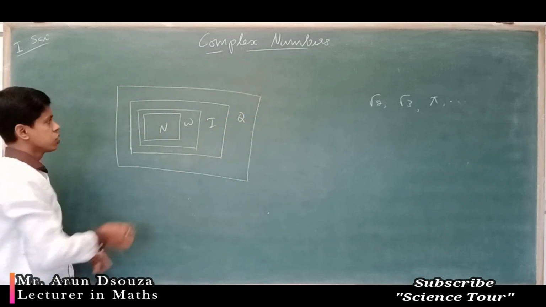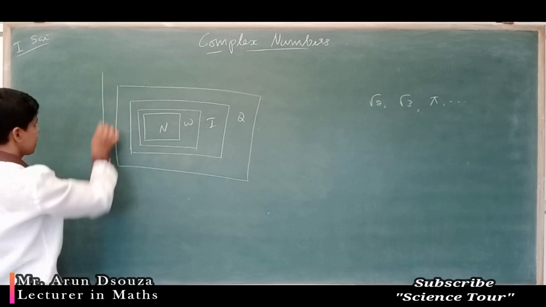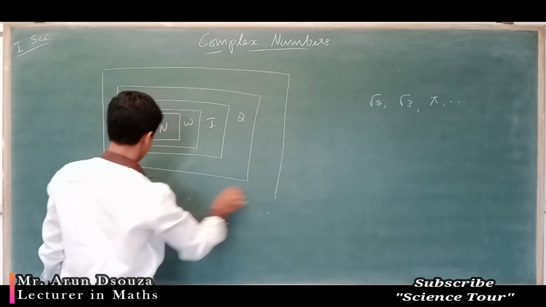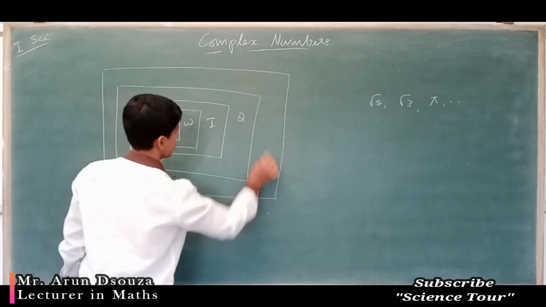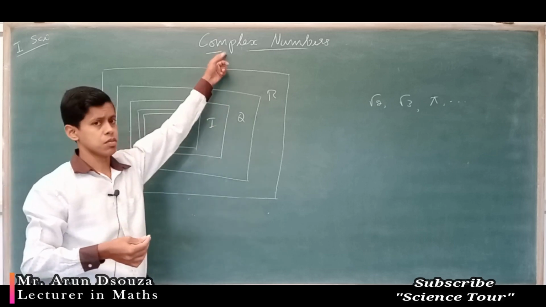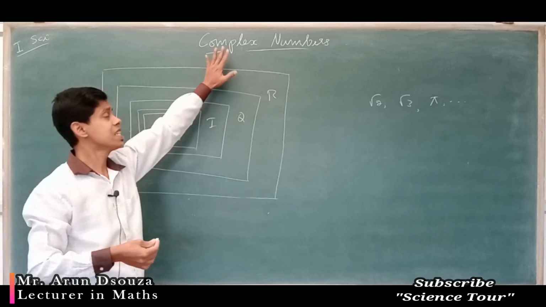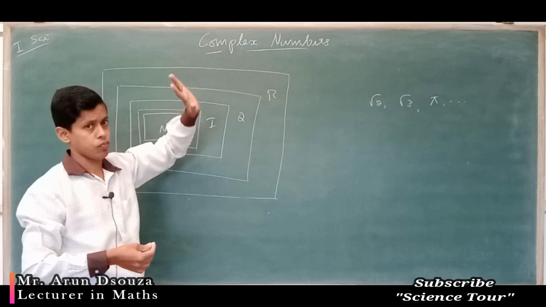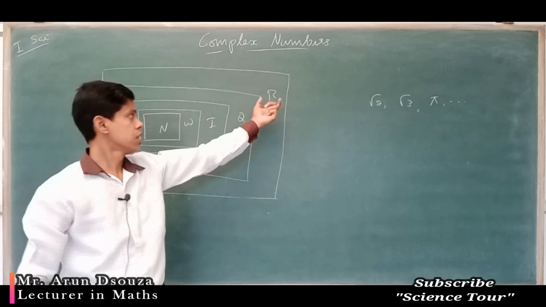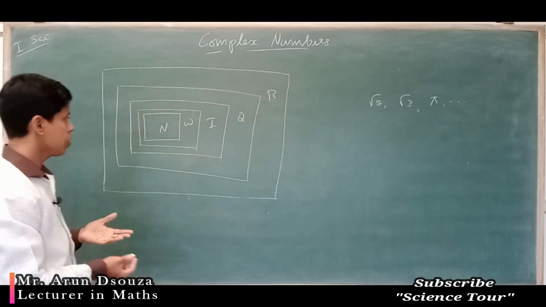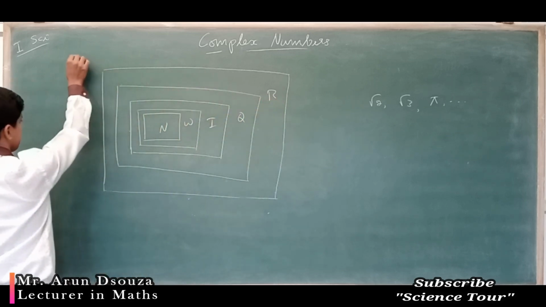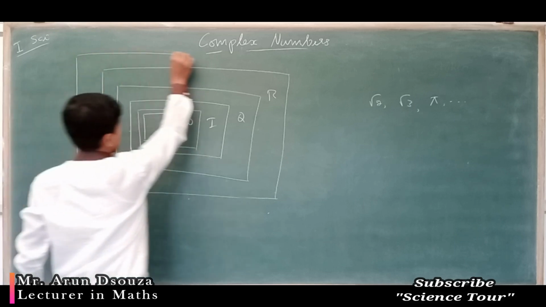The biggest set that we know for now is the set of real numbers. So far you know only till the real number set. Now what we are going to study next is the biggest set, and that is the set of complex numbers.